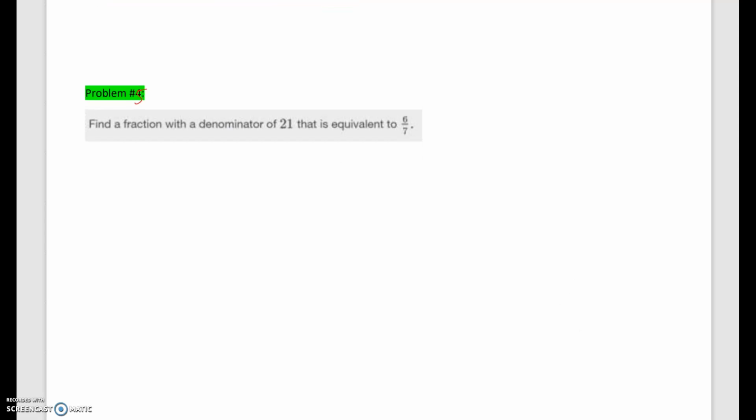Okay, so they want us to find a fraction that has a denominator of 21, and it's equivalent to 6/7. So in this case, this will take one step. You technically have 6/7. To have a 21 at the bottom, you multiply times 3. But you have to multiply times 3 at the top as well. Otherwise, it won't be equivalent. So in this case, 18 over 21 is equivalent to 6/7.